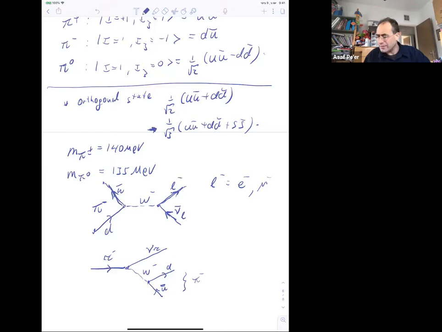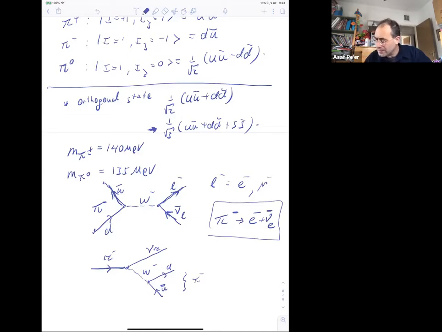What happens in reality is we're seeing a pion decay into an electron plus anti-electron neutrino. This is what we're seeing in the lab. We never see the W. This is a mathematical way for us to make quantitative calculations of the probability, of the lifetime. I'll show you how to calculate the lifetime of the pion.